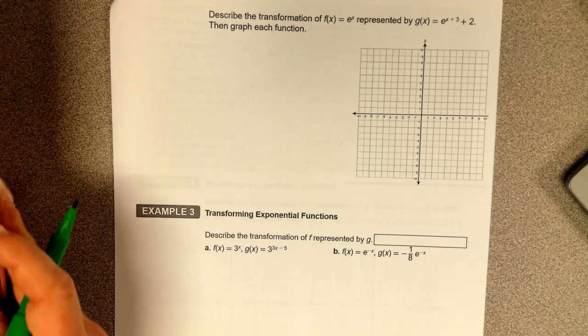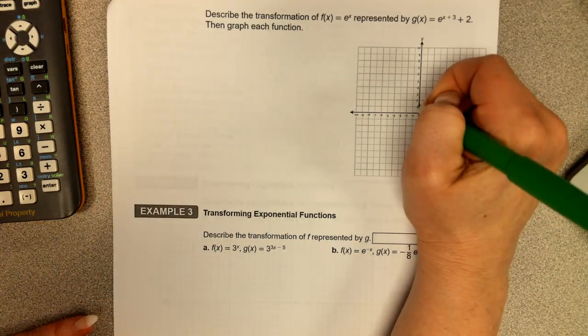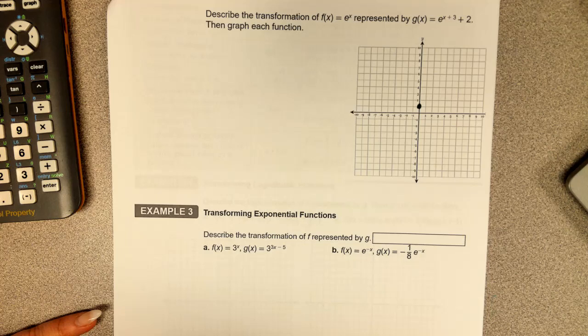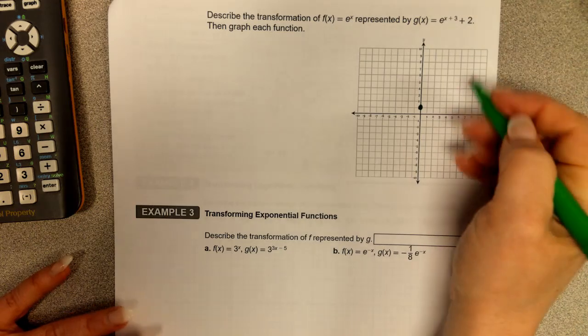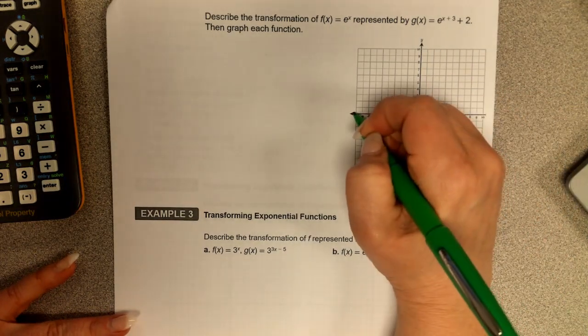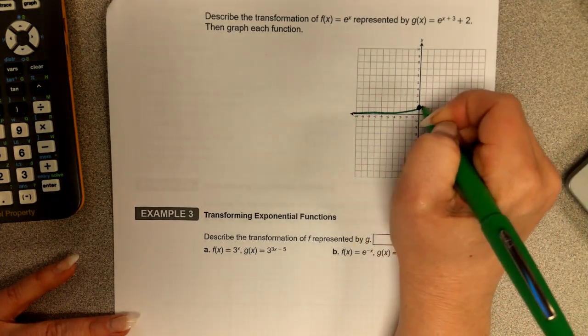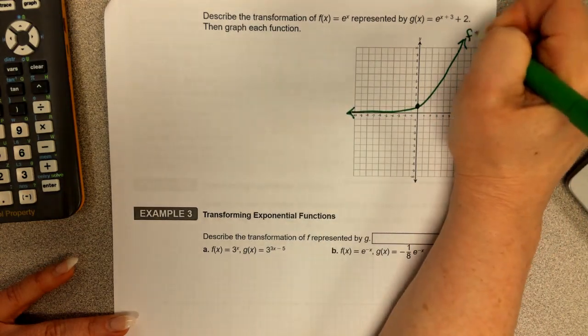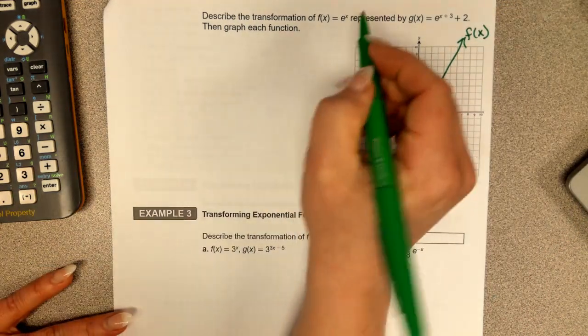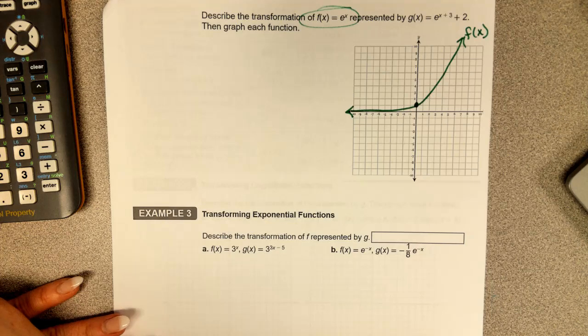If you go to the table, that y-intercept is going to be 1. So that is the value that I'm going to verify is on there. And it's just going to be growth from there. So it's going to be next to the x-axis, come through where y is 1. And that's going to be my original f of x equals e to the power of x.